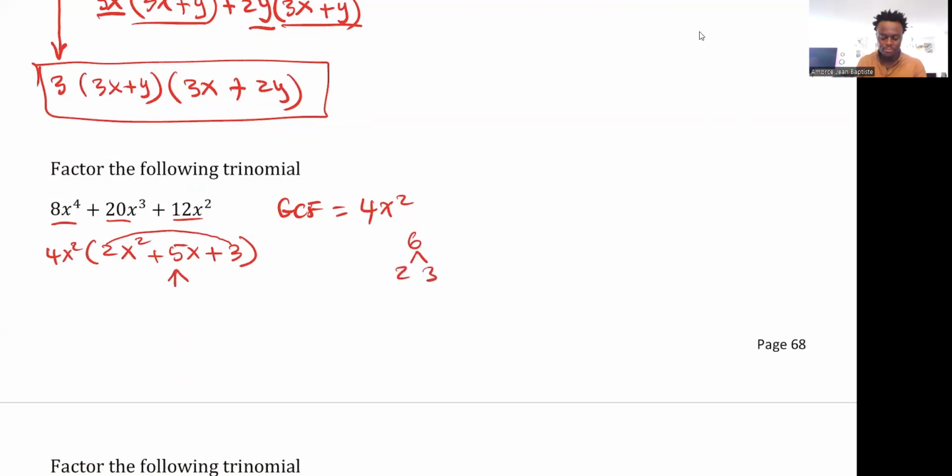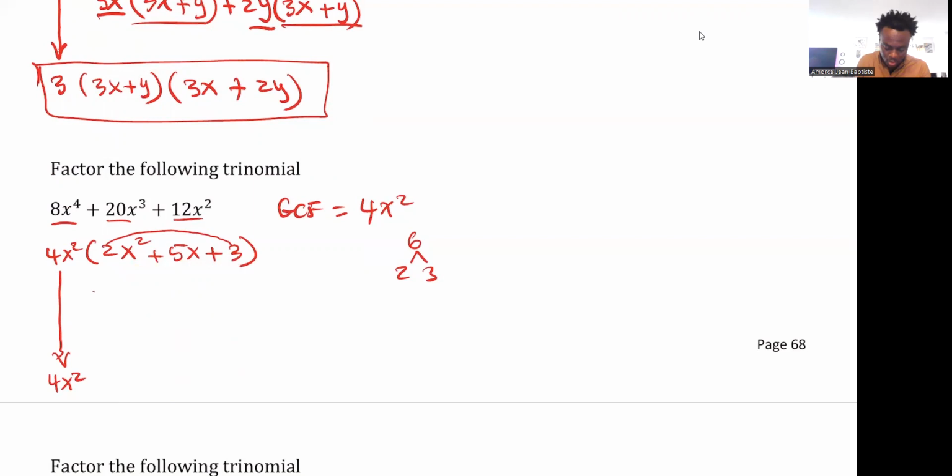2 and 3. And then now we can separate this as 2 numbers: 5x separated as 2 terms, 2x plus 3x. I know that I need to keep my 4x squared, right? We're going to keep it here to put it with my final answer after I factor this trinomial.